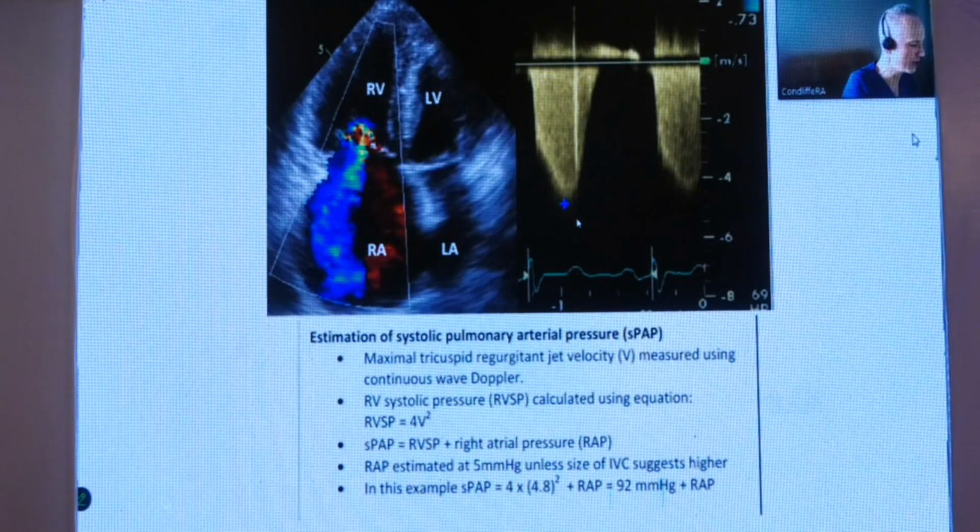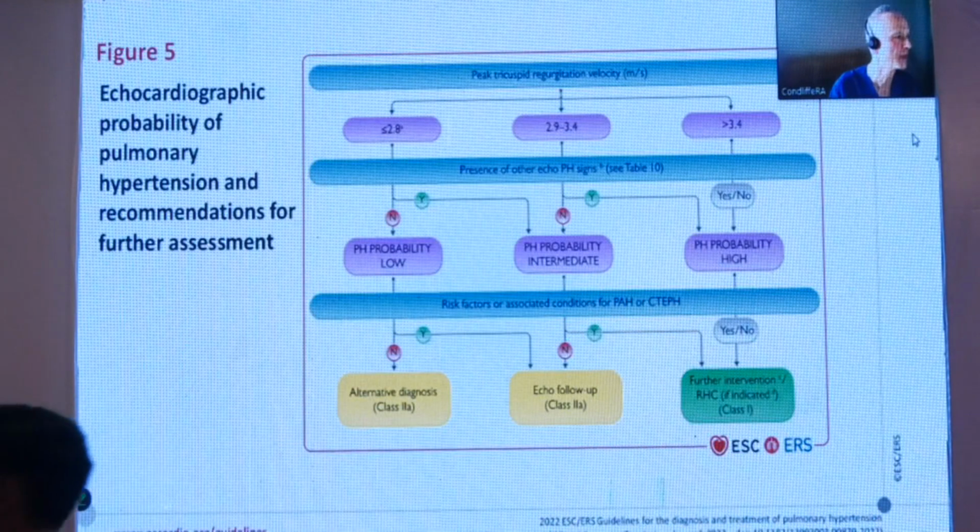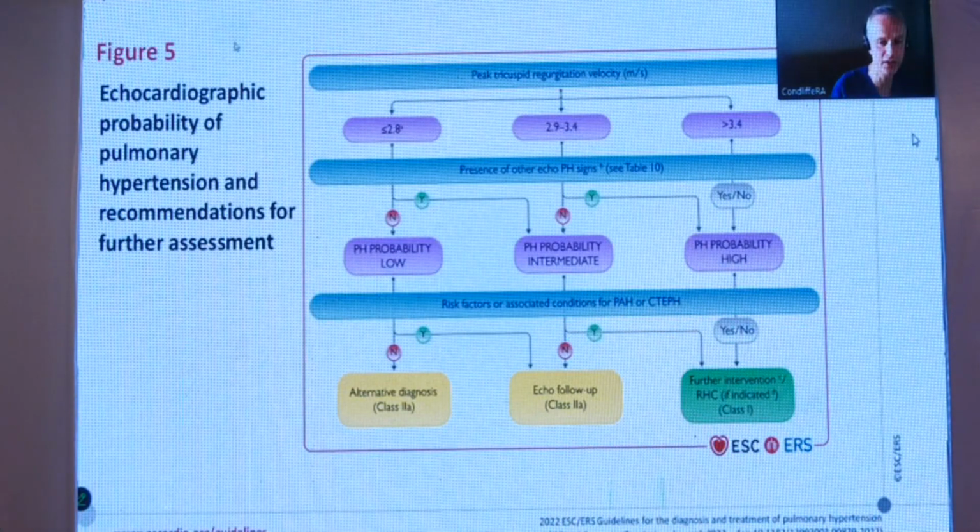You square this, then multiply that by 4, and that gives you a pressure gradient across the tricuspid valve. And if you add an estimate of right atrial pressure, that will give you an estimate of the systolic, not the mean PA pressure.